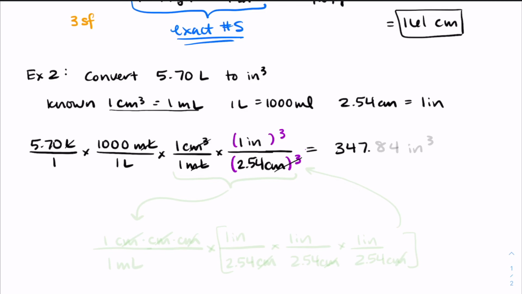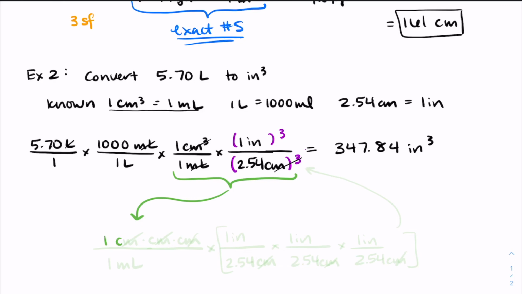This would give me 347.84 cubic inches. If you're having trouble getting that number, what you'll see in the expansion is that you have to do in the denominator of this calculation 2.54 times 2.54 times 2.54.